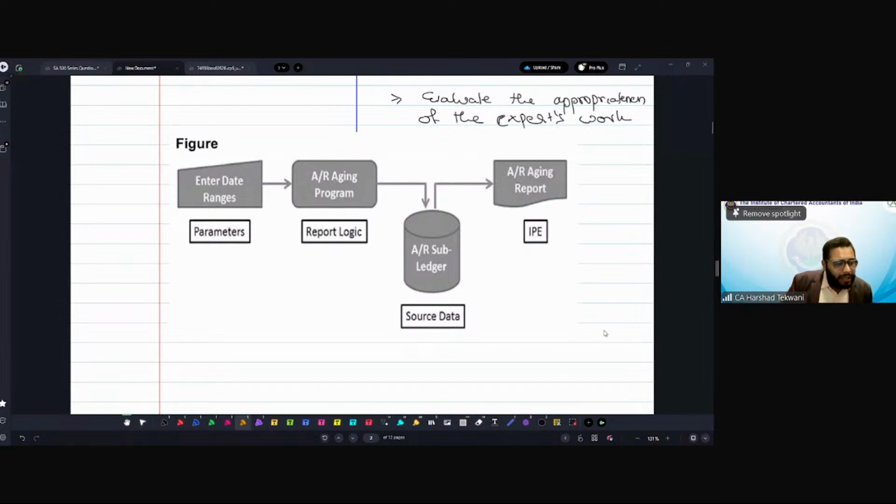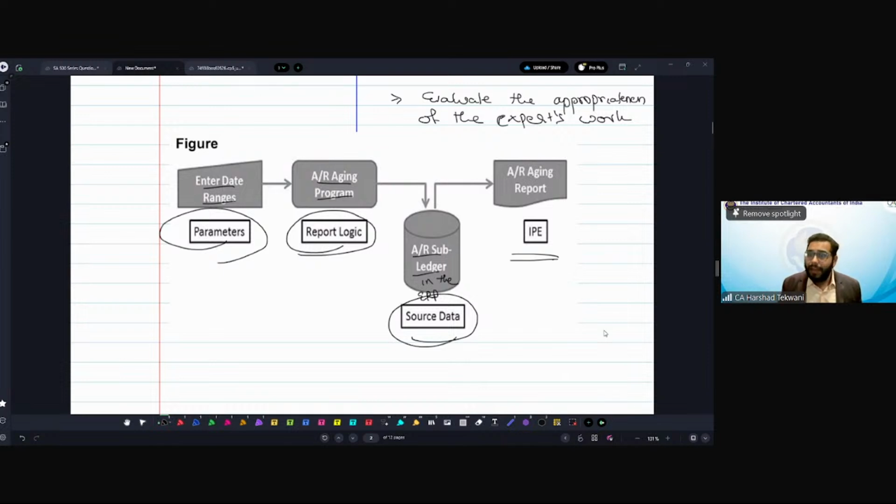You enter the date or the range for which you need accounts receivable. You have the AR program within the ERP, the report logic. The AR subledger in the ERP is the source data, and you get the IPE. So the source data, the report logic, and the report parameters are the 3 important elements I need to verify before I can say this IPE is correct, or I can use that IPE. Clear?